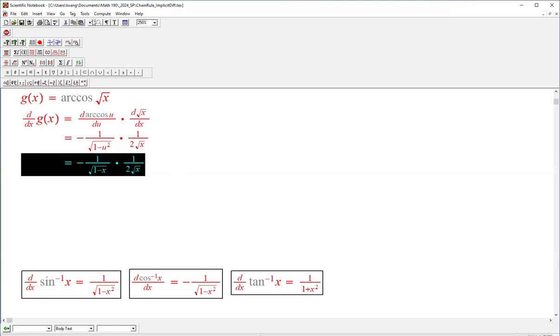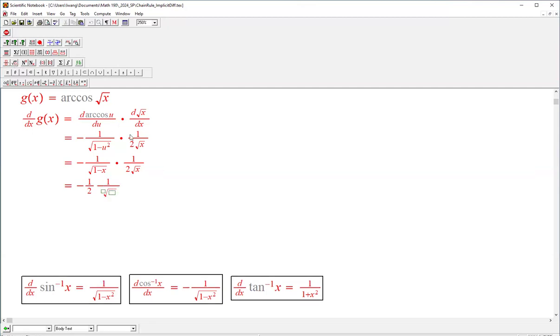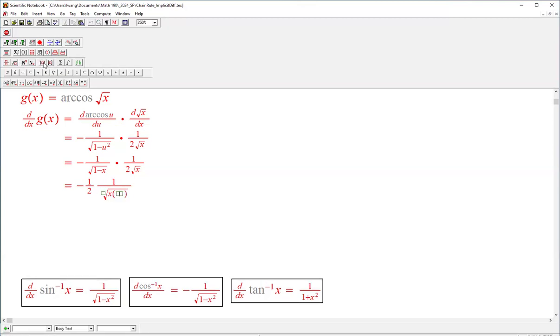So now by this time, I think we just got, there's not much to simplify. You may like to bring the 2 in the front, so it's a negative half, right? 1 over, you can put them under the same root, right? x times 1 minus x, and put them under the same square root. That's it. Okay, so that would do.